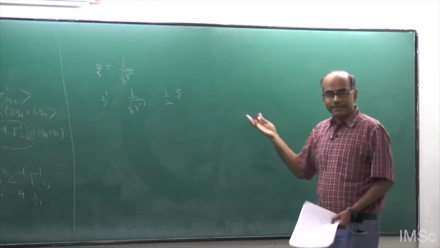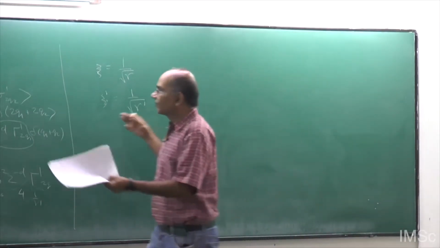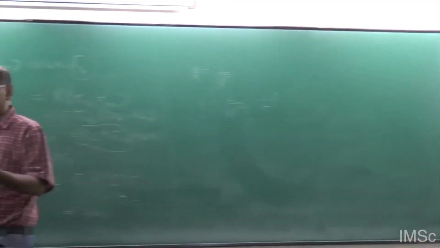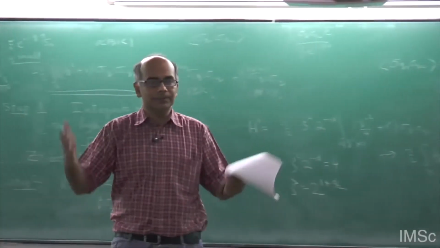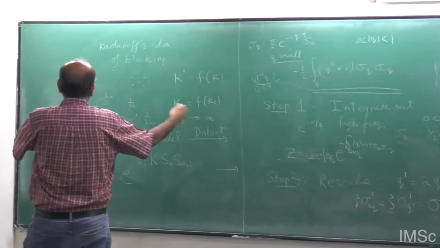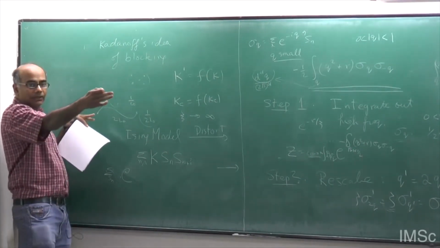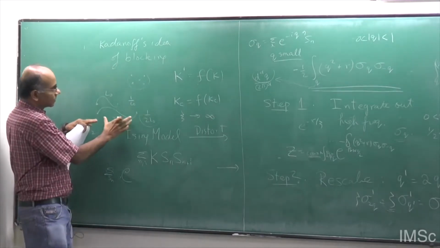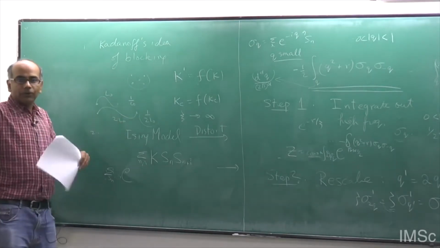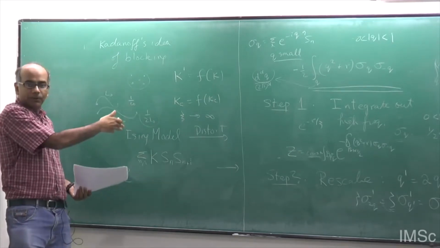Now this is not surprising. Why is it not surprising? This is because the physical correlation length is not changing. It's the same system. So if your correlation length was 100 times L naught, in units of the new lattice spacing, which is 2 L naught, your correlation length is 50. So your new correlation length in units of the new lattice spacing is exactly half of the old one.